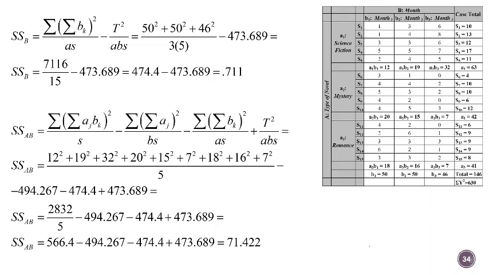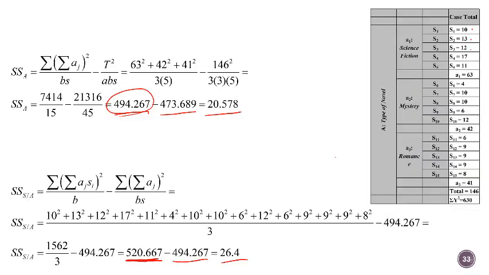For B, we have the 50, 50, and 46 squared, which are there, divided by 15. So that ends up being 7,116 over 15, which is 474.4, minus the same total squared, which is this 473.689 that we already found here, right?